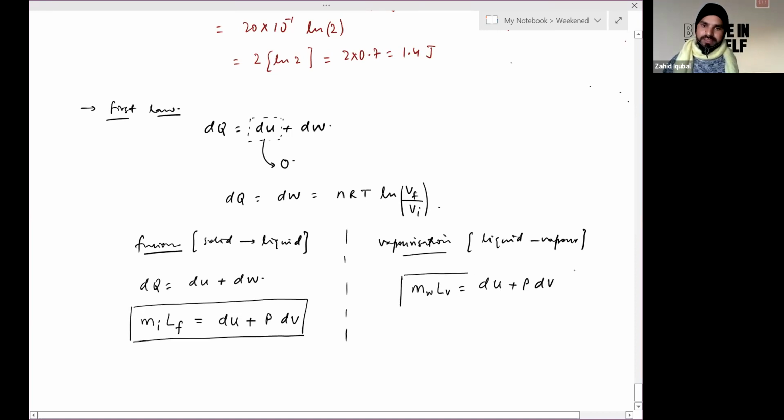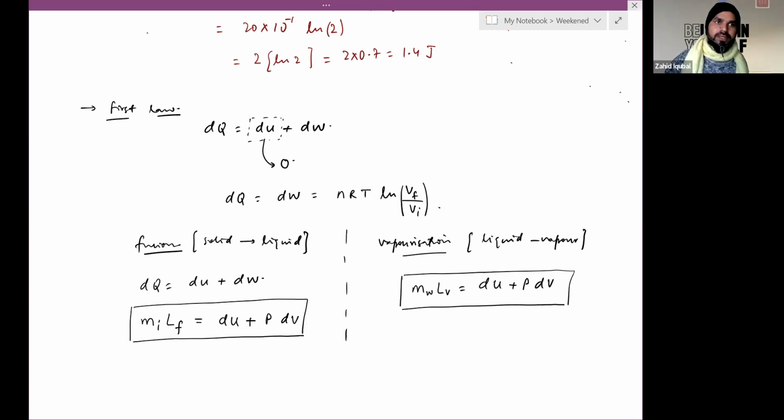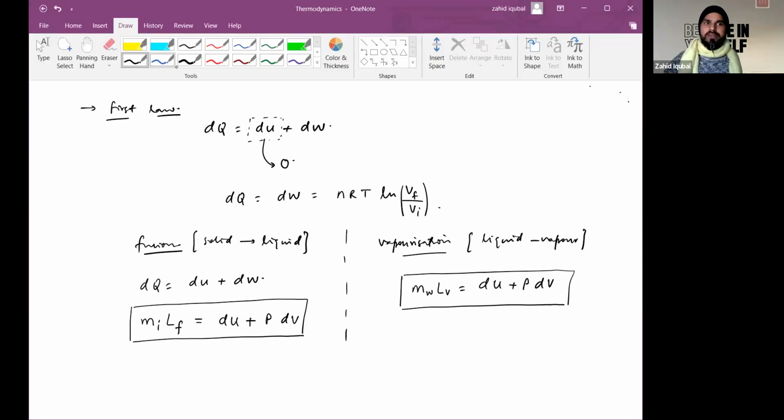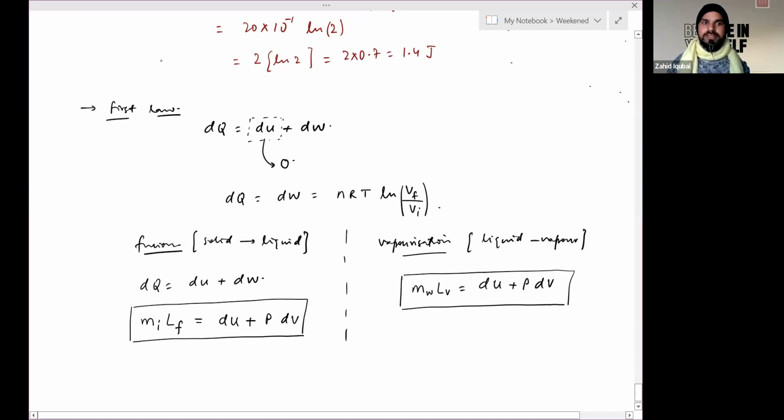So using this, you will be able to calculate the change in internal energy. So in this entire isothermal process, only in the case of fusion and vaporization will there be some change in internal energy, but for the rest of all processes, the change in internal energy will be 0. Is it clear?